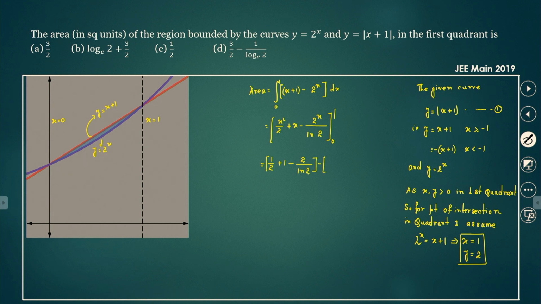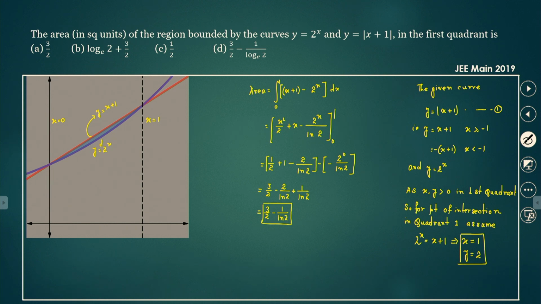Now put the value of 0: 0 minus 2 to the power 0 divided by ln 2. That implies 3 by 2 minus 2 divided by ln 2 plus 1 divided by ln 2, which gives 3 by 2 minus 1 divided by ln 2, and that's it.